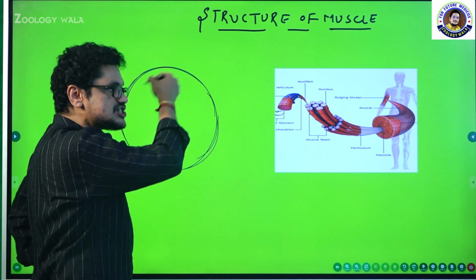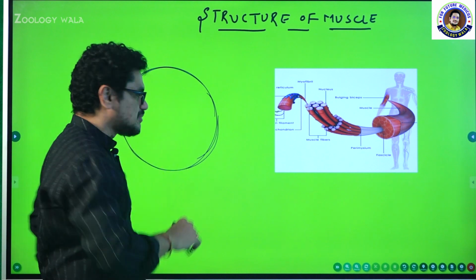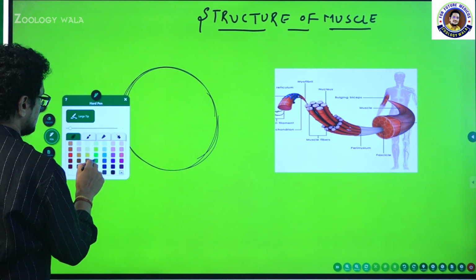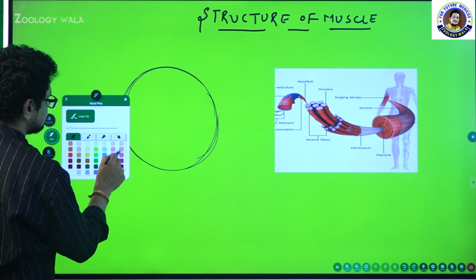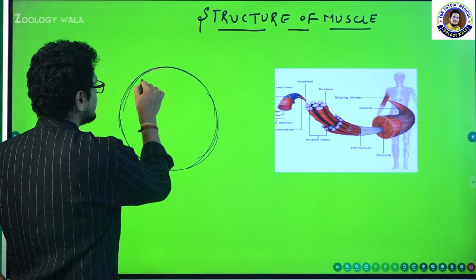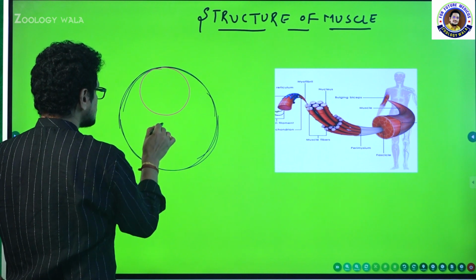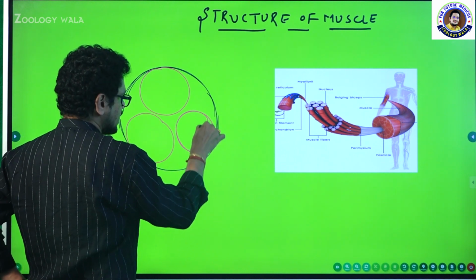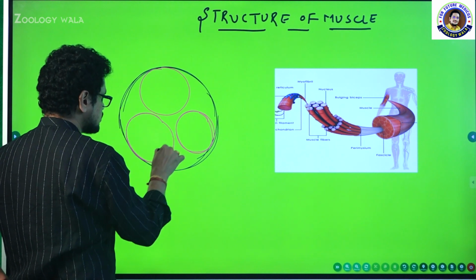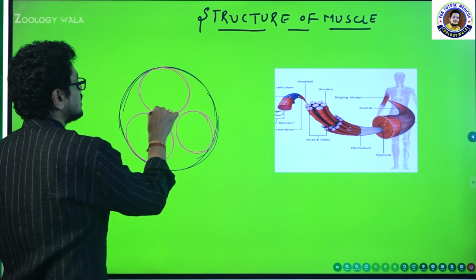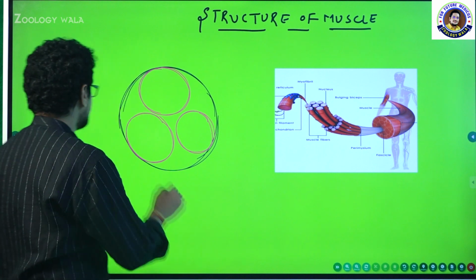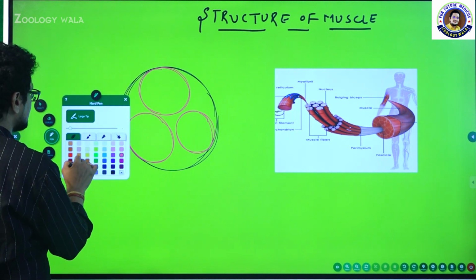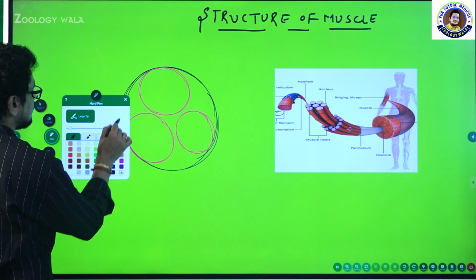Epimysium is a sheath which covers the whole muscle, and now inside that epimysium, let me take a different color. Here you can find the bundle. This is the second layer, called perimysium. Now I will represent the individual muscle fibers in it.